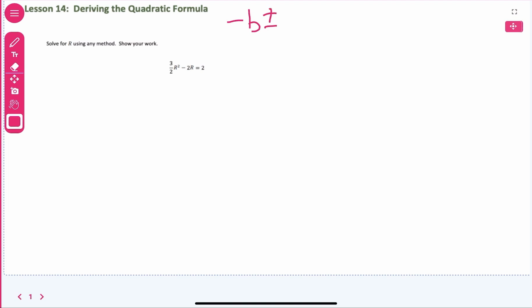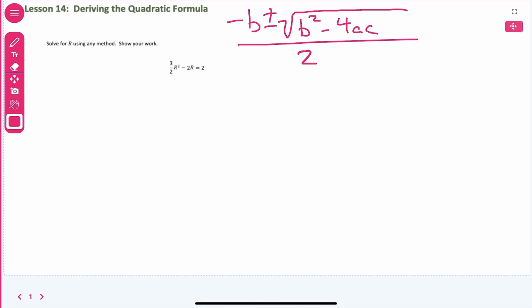It's always plus or minus because we have a square root symbol. So it's opposite of b plus or minus the square root of b squared minus 4ac, all divided by 2a.